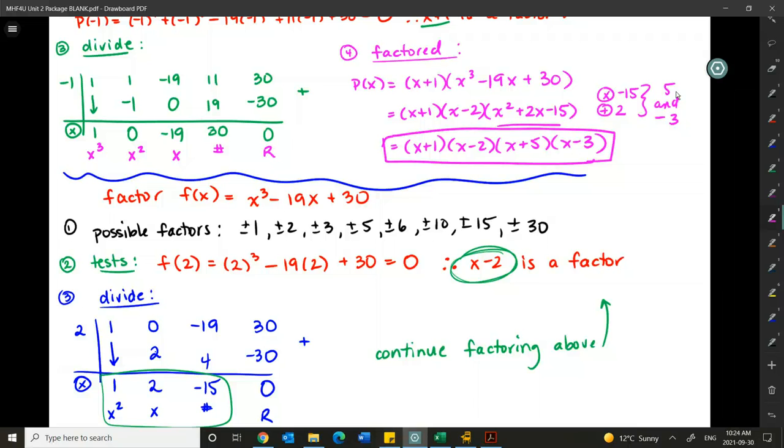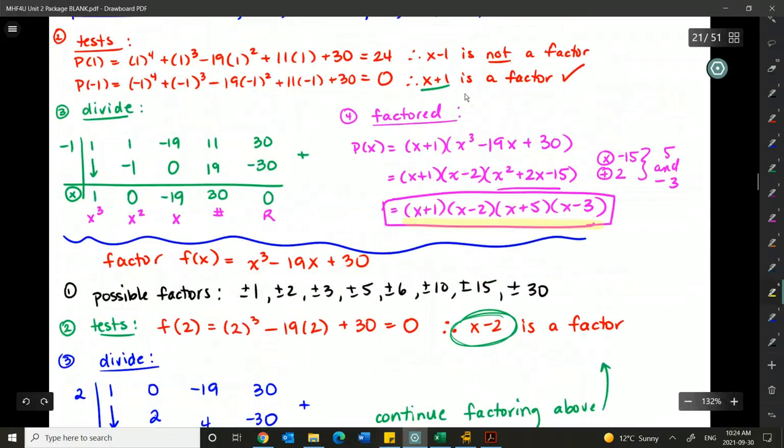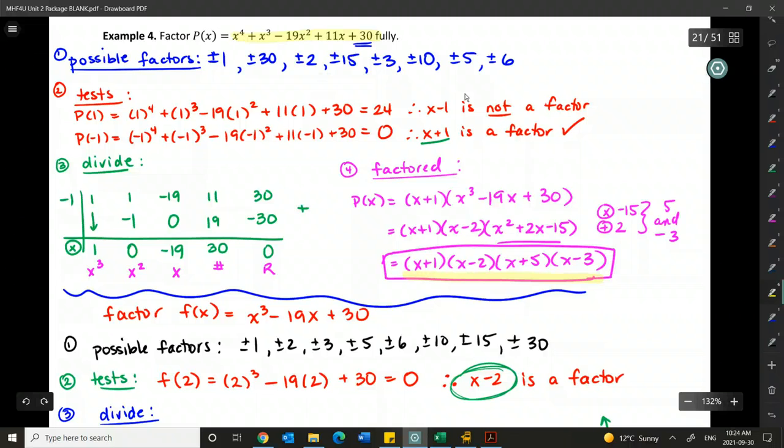So I started with a quartic. Did I end with a factored quartic? Does this all add up to degree 4? So I have 4 zeros and they're all order 1. So this is still a quartic, right? That needs to be a check that you ask yourself at the end, because if I factored something that started as a quartic and then I end up with something here that's a cubic, I've missed a binomial somewhere, right?